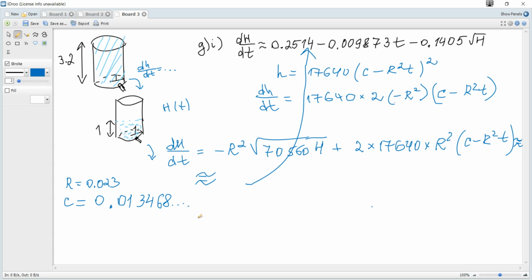And the last question: use Euler's method with a step length of 0.5 minutes to estimate the maximum value of capital H3 max. So you remember that Euler's formula says that the next value of a function is the current value plus the step multiplied by the derivative at the current point.